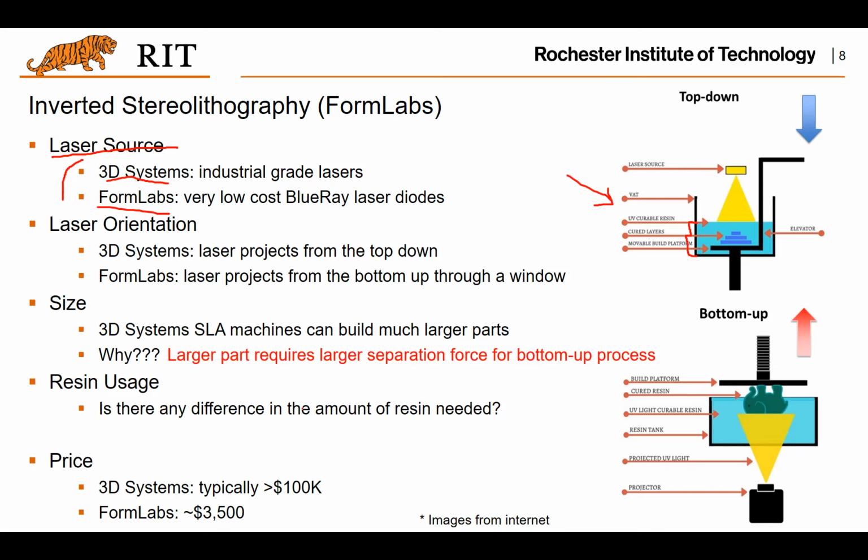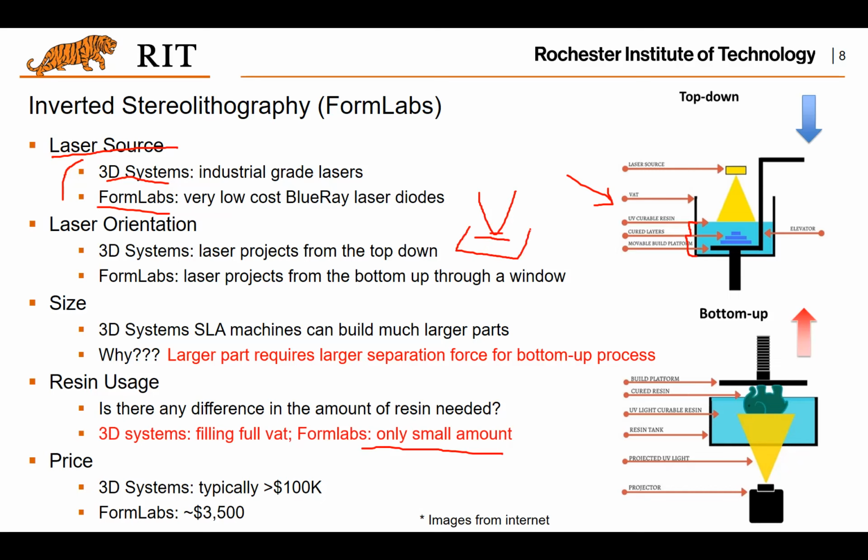But for the Formlabs process, you only need a small amount of resin, just enough for building the parts, because the material only needs to fill in the gap between the previous layer and the bottom of the tank, right?